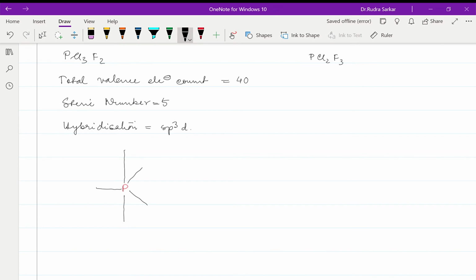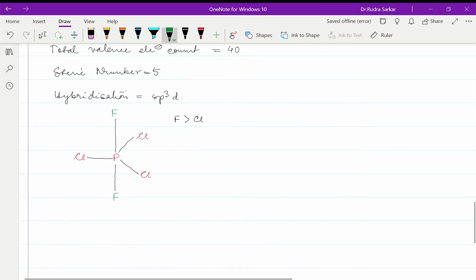So here obviously fluorine is more electronegative than chlorine. So according to Bent's rule, the chlorine atoms will be placed on the equatorial bonds and the fluorine atoms should be placed on the axial bonds. So this should be our correct structure, okay, and not this one.